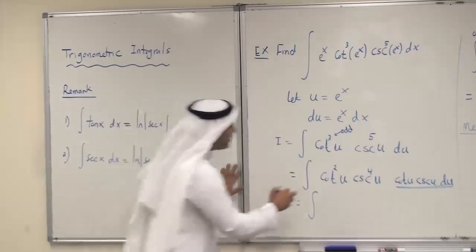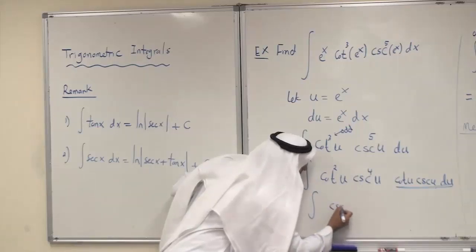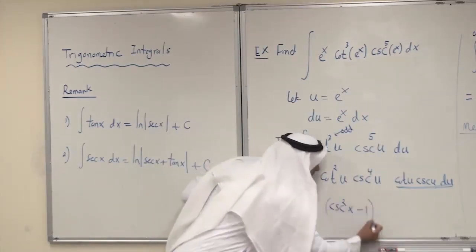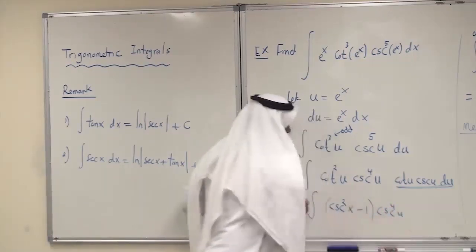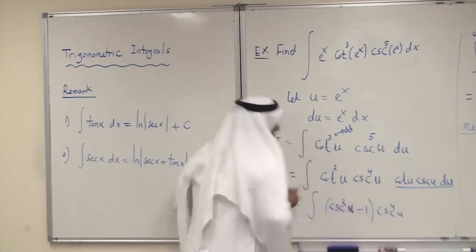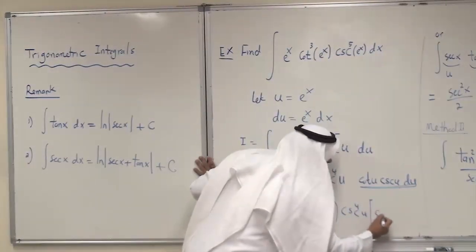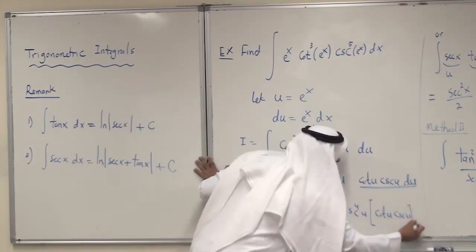I need to rewrite cotangent in terms of cosecants. That is, cotangent squared is cosecant squared of u minus 1. I have here cosecant to the power 4 of u, and I am saving cotangent of u, cosecant of u, and du.